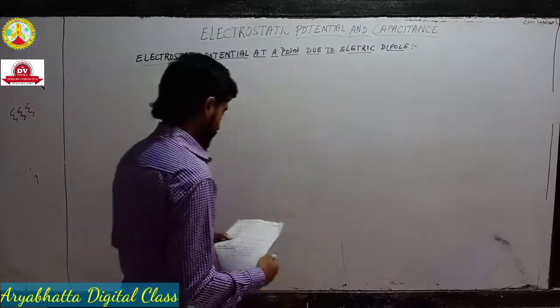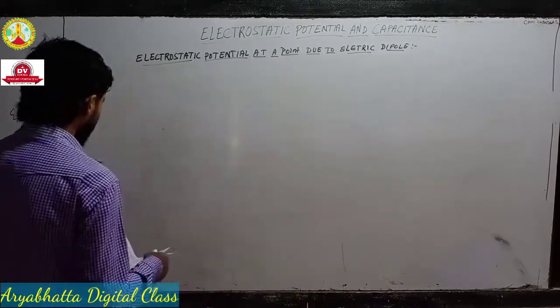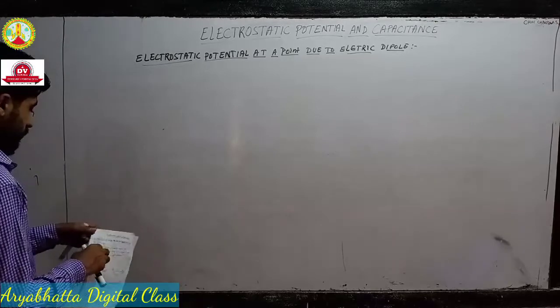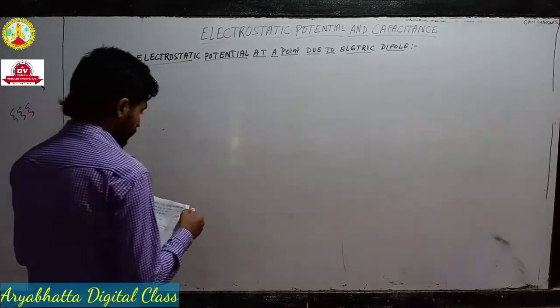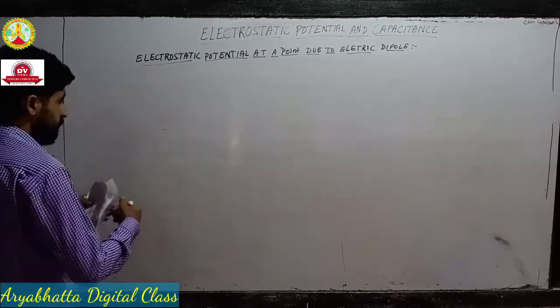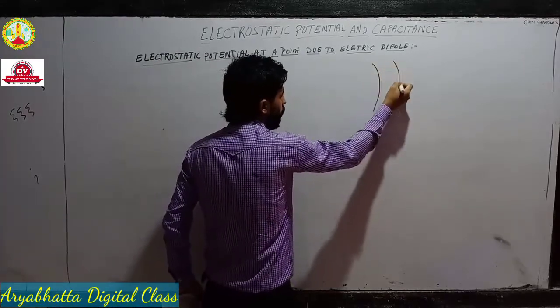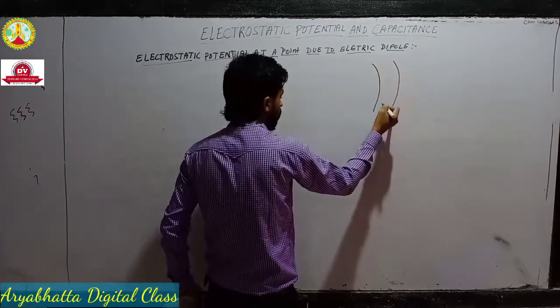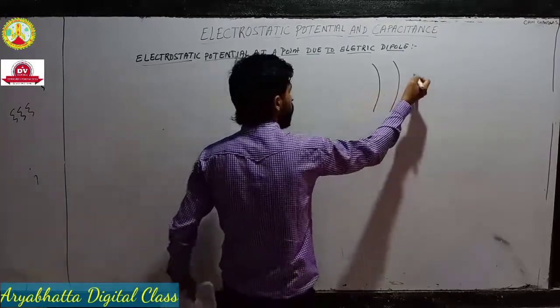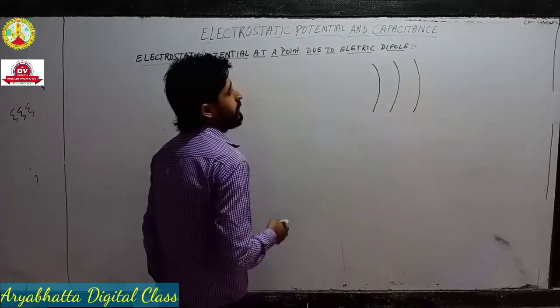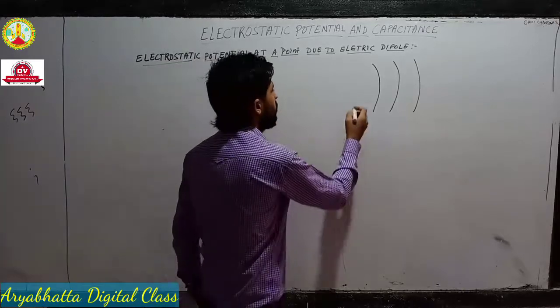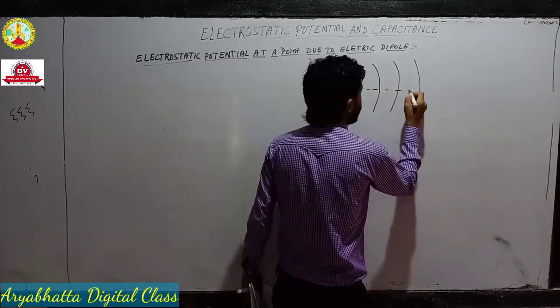Okay. So let's draw a diagram first. So see the diagram. Let us take some curved lines of equipotential surface. This is the equipotential surface. On this I just draw a coaxial line.